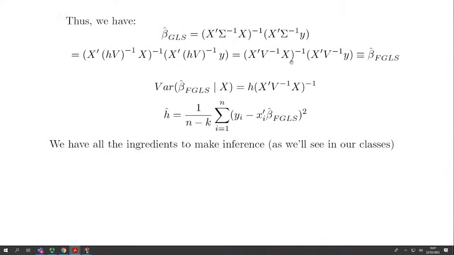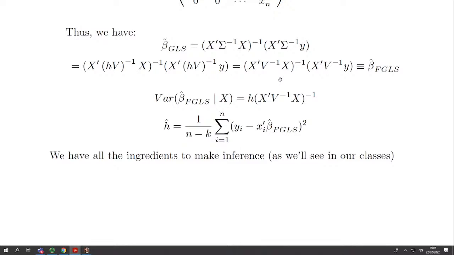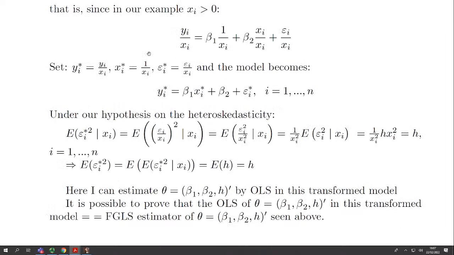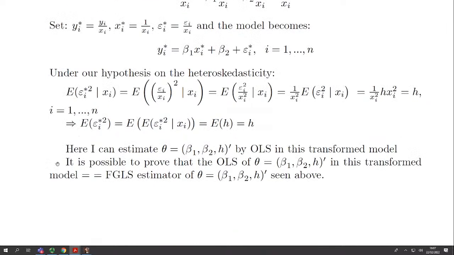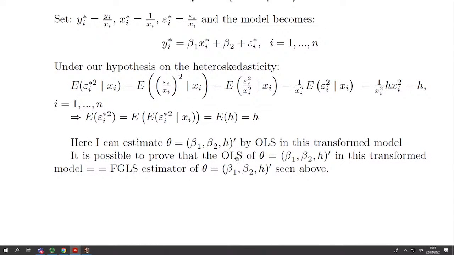Of course, in order to believe my last statement you need to make an act of faith, which you should never do. But proving it takes time, and we don't have so much time. So I ask you to believe me that the OLS of these parameters in this transformed model is the same as the feasible GLS that we saw before. We are doing the same thing from a computational point of view.